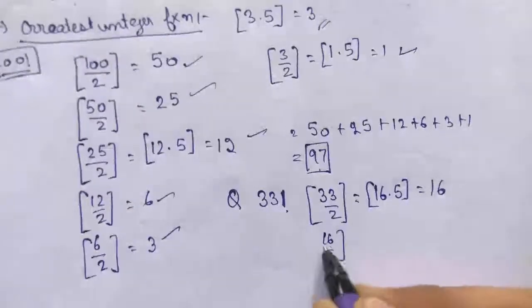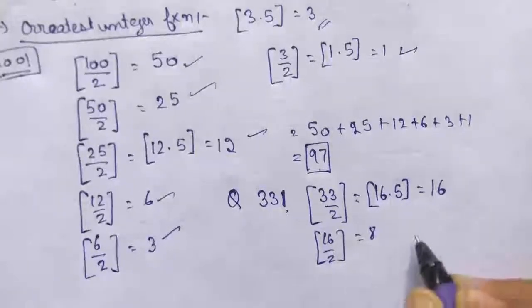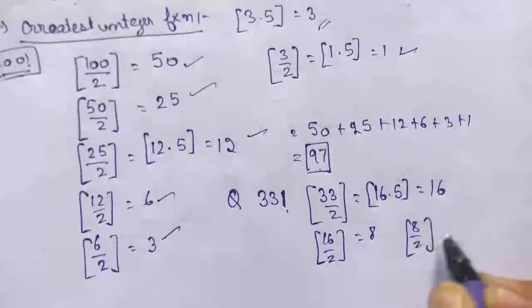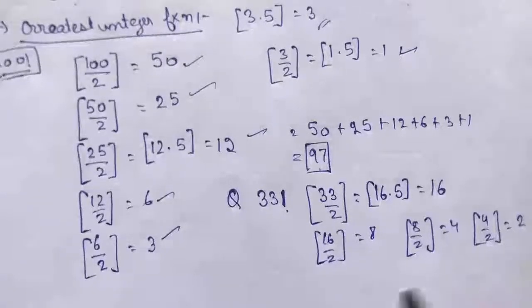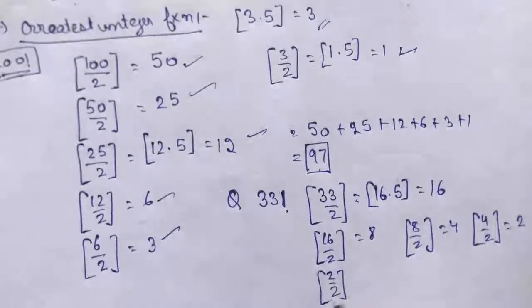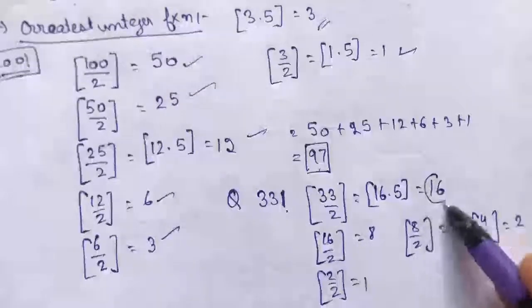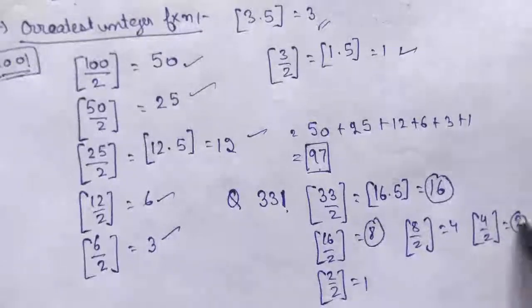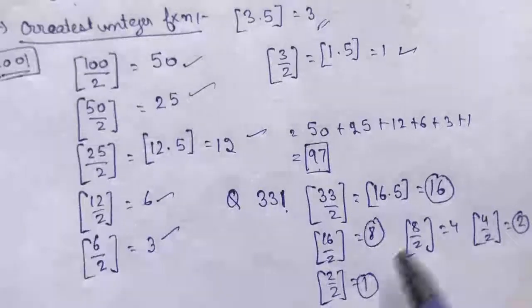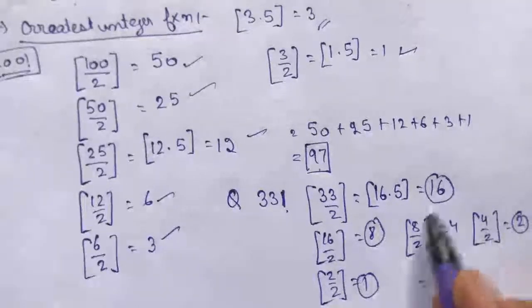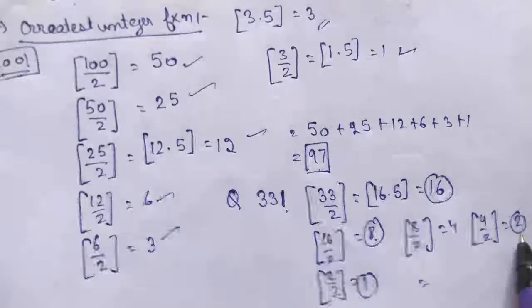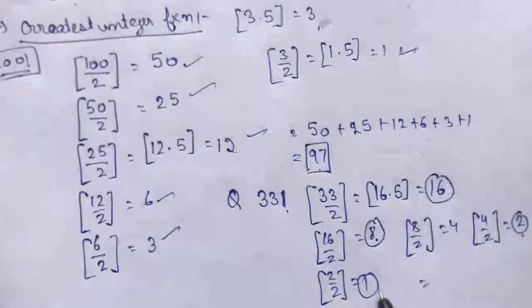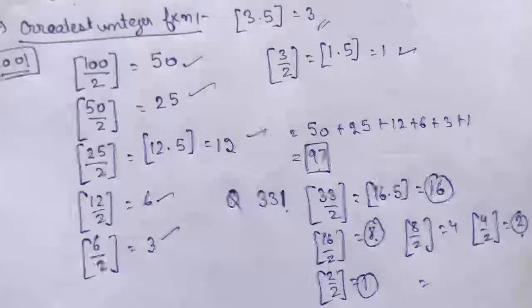16 by 2 and its greatest integer, that will be 8. 8 by 2 and its greatest integer, it will be 4. 4 by 2 and its greatest integer, that will be 2. And 2 by 2 and its greatest integer, that will be 1. So 16 plus 8 plus 2 plus 1, it will be equals to 16 plus 8 will be 24 plus 2, that will be 26, and 1, that will be 27.